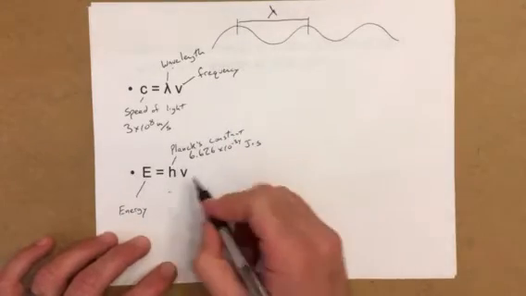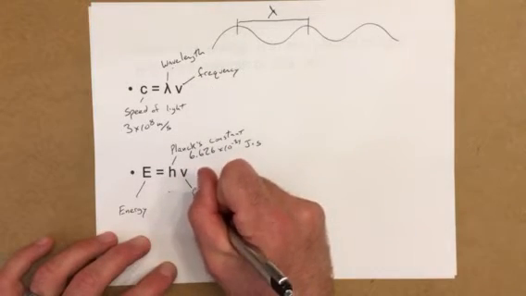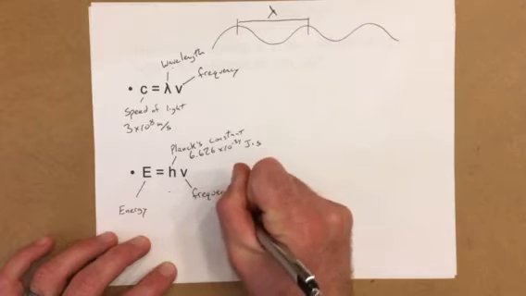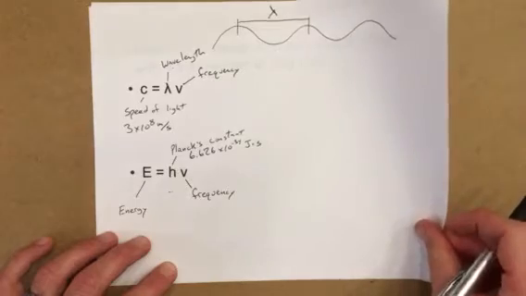That's a constant, it's always going to be the same. And just like in the other equation, nu stands for frequency, how many waves come by each second.